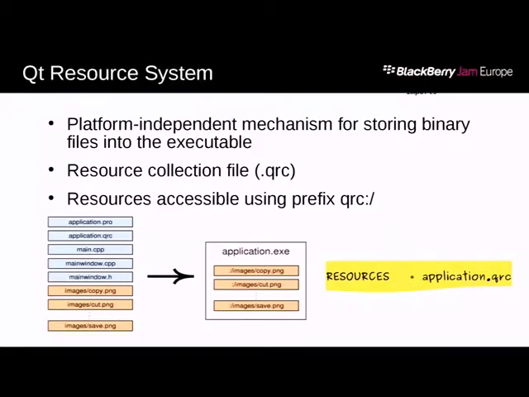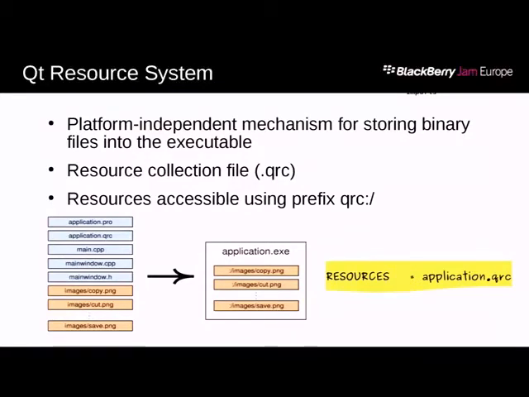So in the end, you will have just one executable. So no assets anymore, just one executable. If you're deploying for different platforms, I always recommend using the Qt resource system, because it makes deployment much, much easier. The only thing you have to take care of is deploying this one executable, and no assets are lost on the way, and so on.